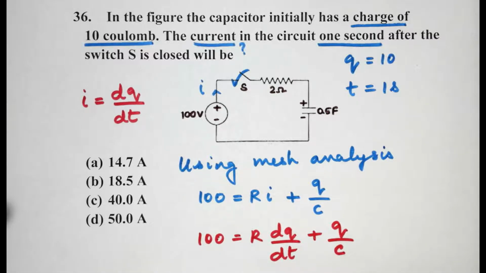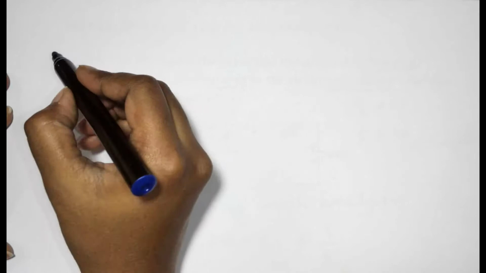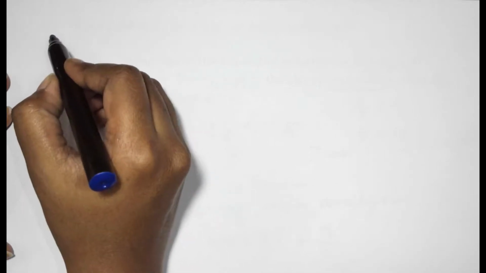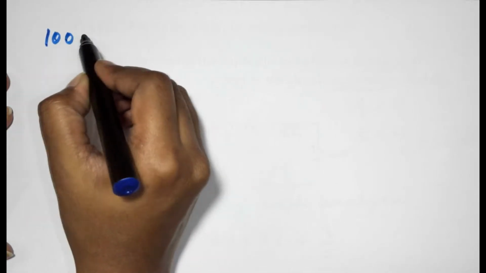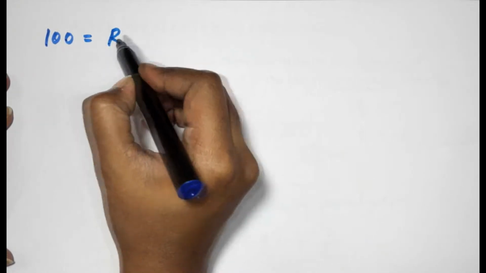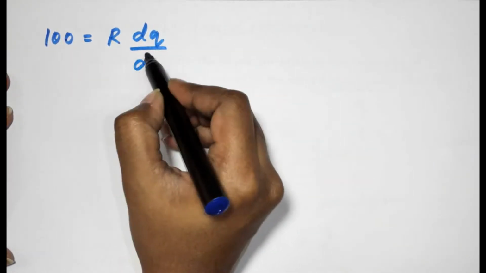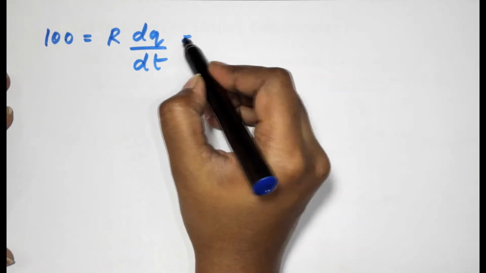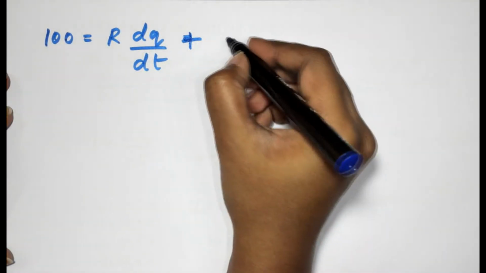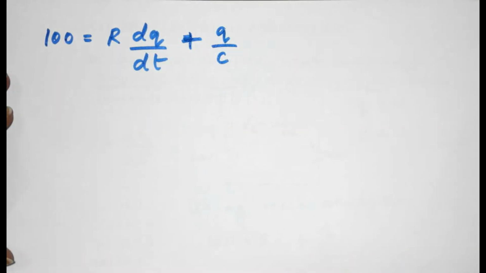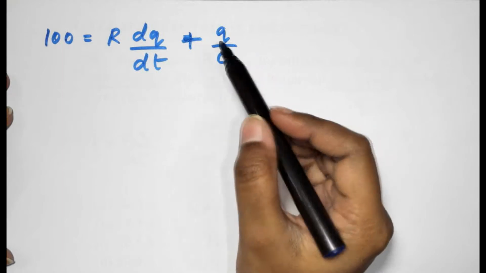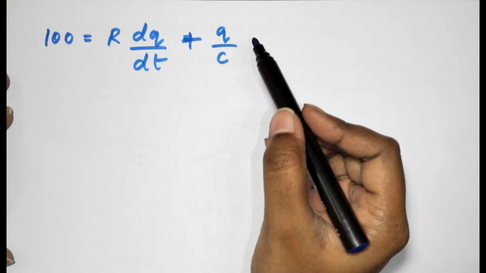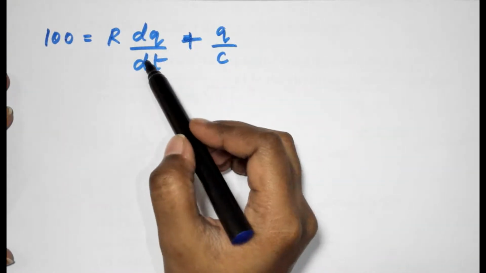Okay, let me just grab another sheet of paper and we will continue. What do we have so far? We have 100 is equal to R dQ by dt plus Q by C. Now we need the charge to be positive, so I'm going to bring R dQ by dt to the other side.